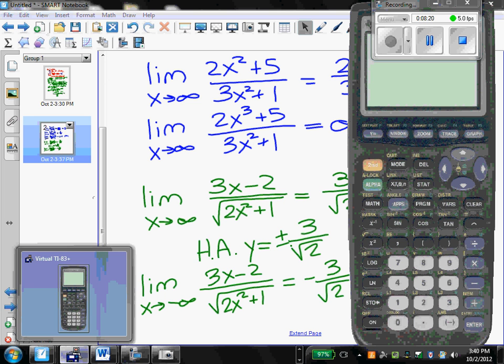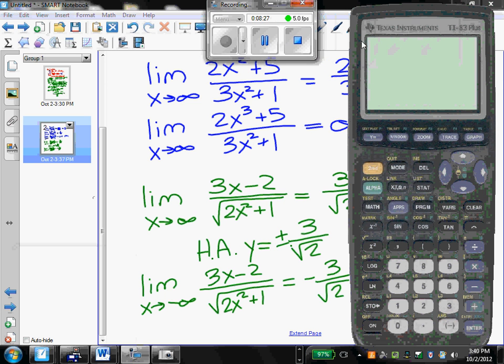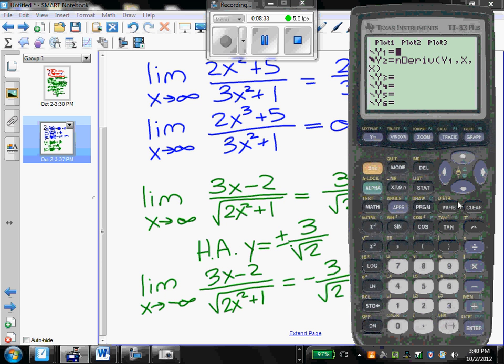So let's just take a look at this one. Let's say I'm going to type this in as 3x minus 2, and you can graph this as well, divided by the square root of 2x squared plus 1. I'm going to make my window a little bit larger.